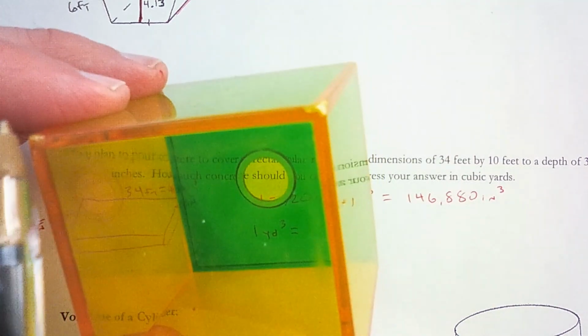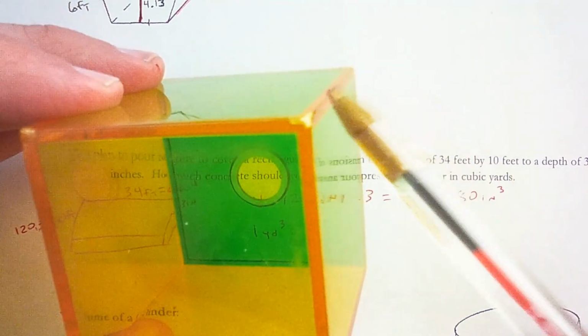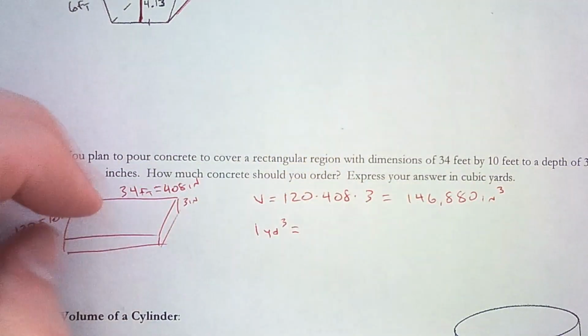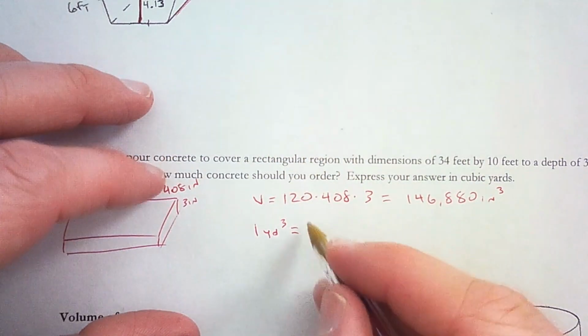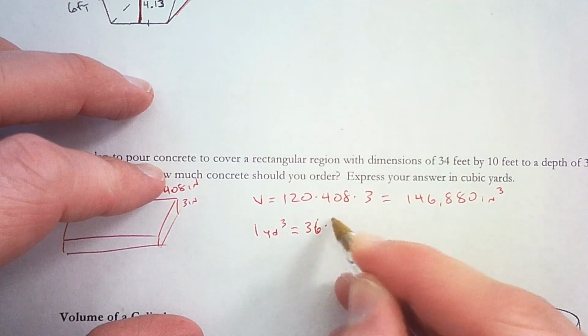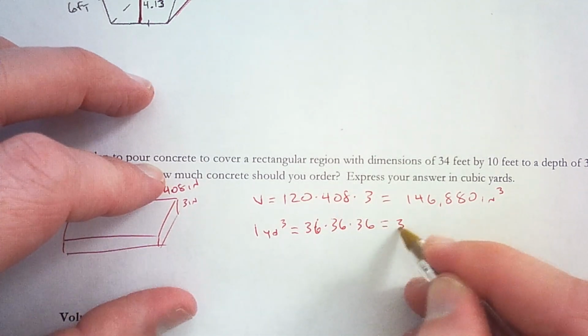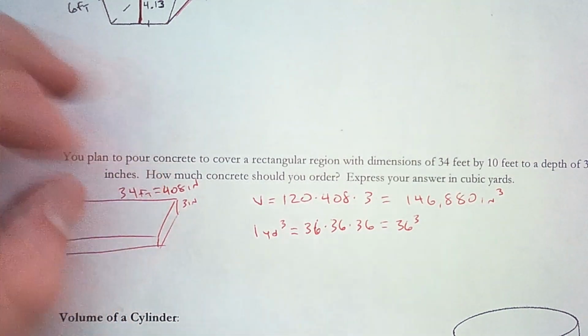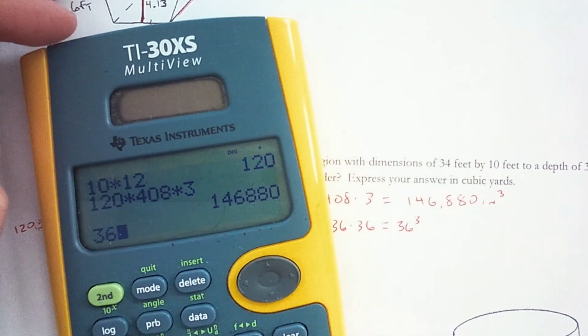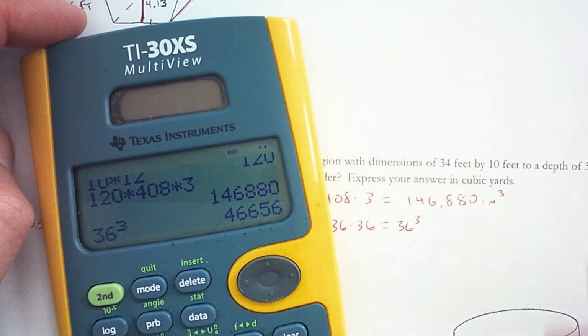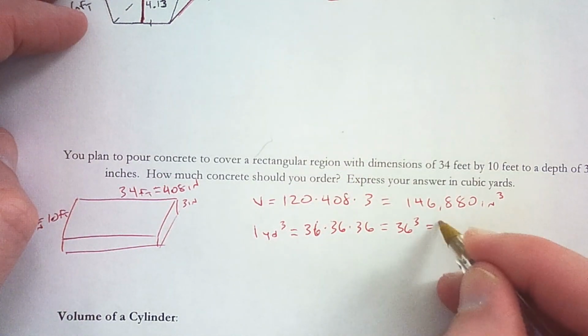Now 3 feet is 36 inches. So it's 36 inches by 36 inches by 36 inches. So in cubic inches, a cubic yard is 36 times 36 times 36, which is the same, by the way, as 36 cubed. So 36 cubed is 46,656.